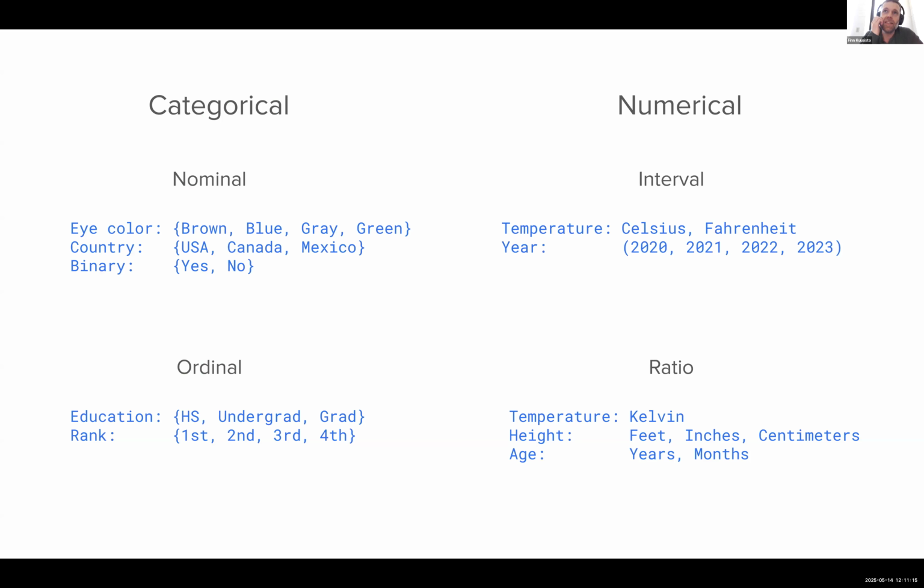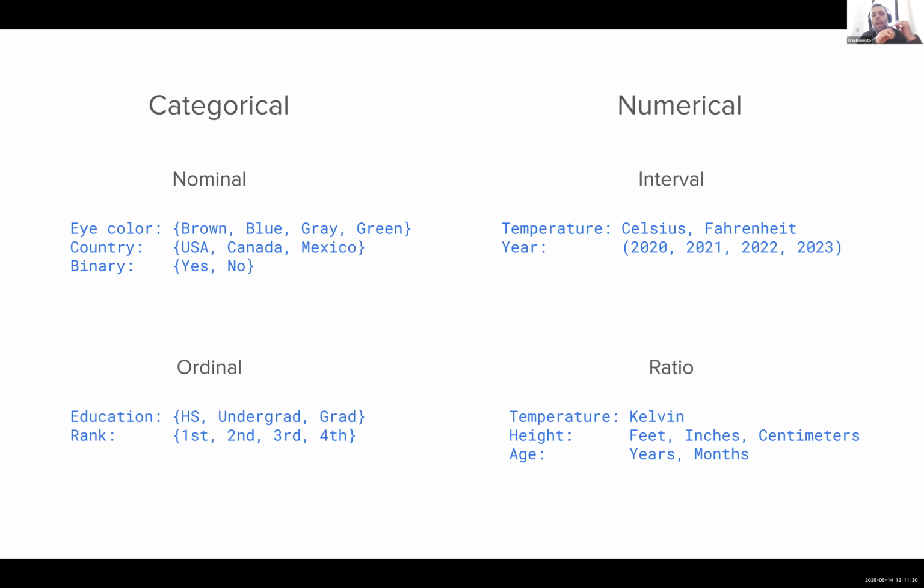Because this issue will come up, I just want to talk about how we categorize data when we're looking at it. Typically we categorize it in two types, categorical and numerical, and then each of those is split into two types as well.